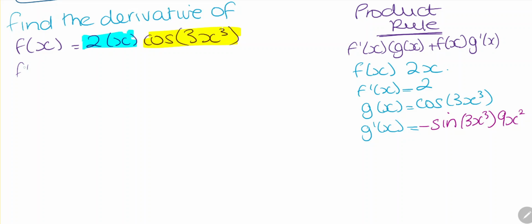So now we're going to substitute this in, writing our first function f and our second function g, so we're going to substitute in what we have.